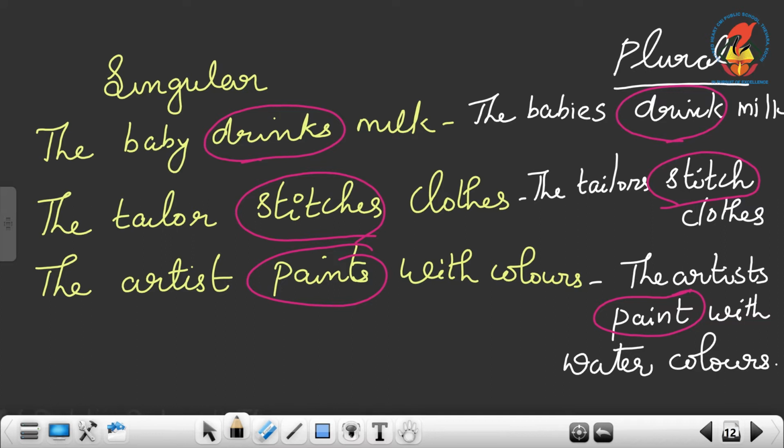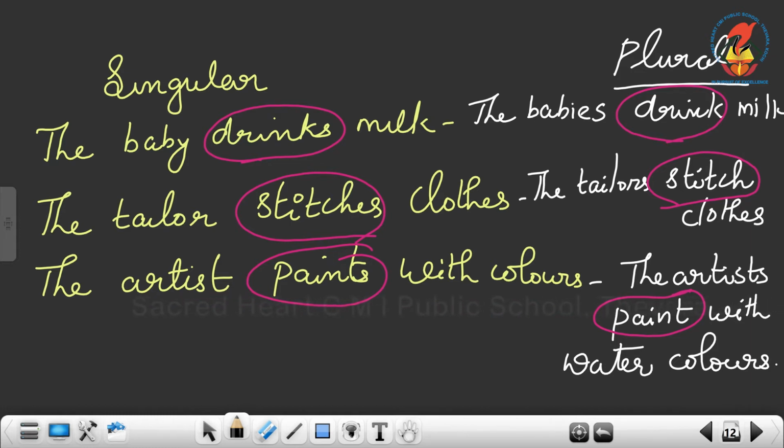See the baby, in the textbook it is written, I am not taking all things together, but I'll just take three examples so that it is clear for you. The baby drinks milk. Children, you see the baby, that is singular, one. So here I am adding S with the verb drinks.